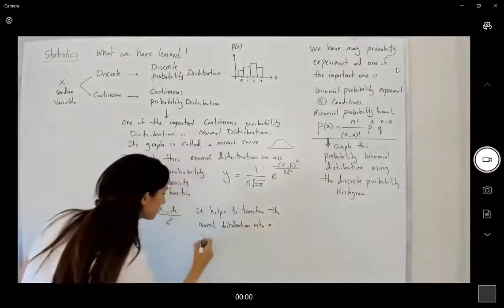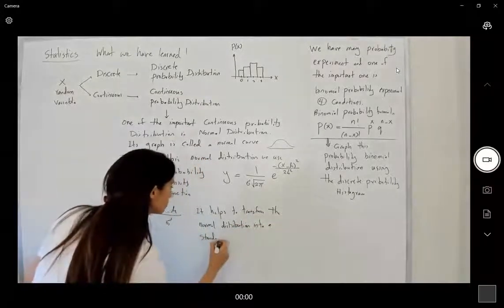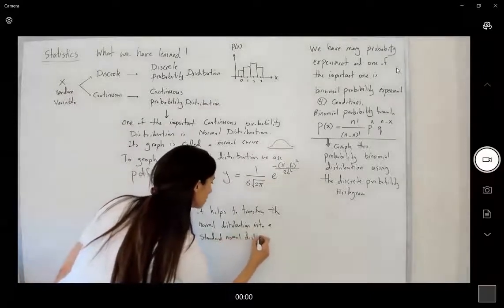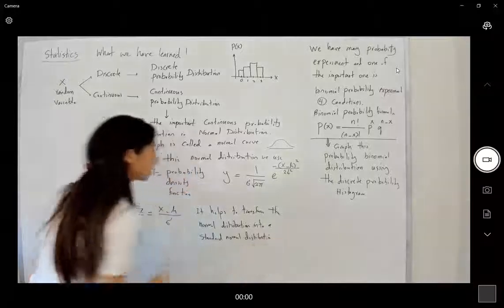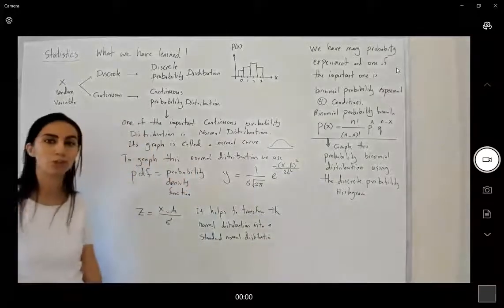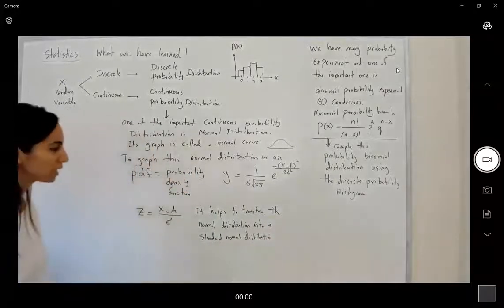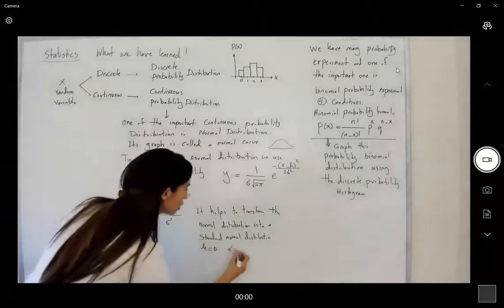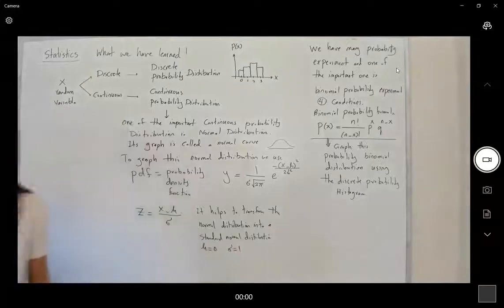Remember that the area below the standard normal distribution is equal to 1, the mean is equal to 0, and the standard deviation is equal to 1.